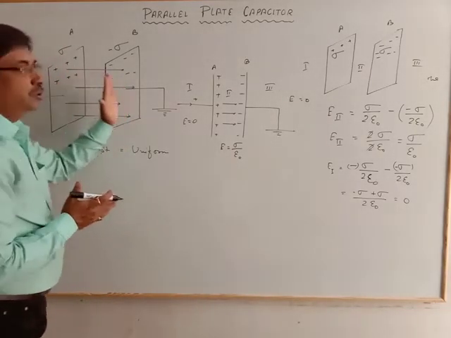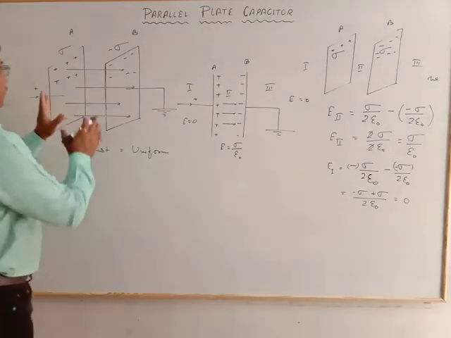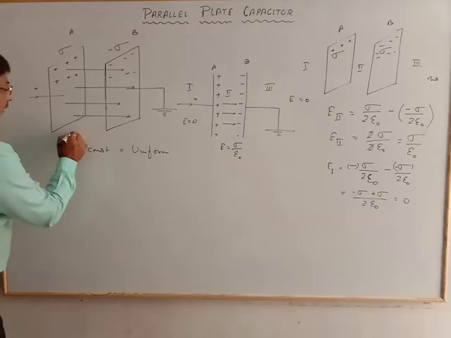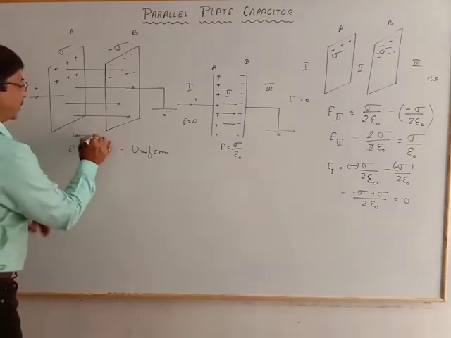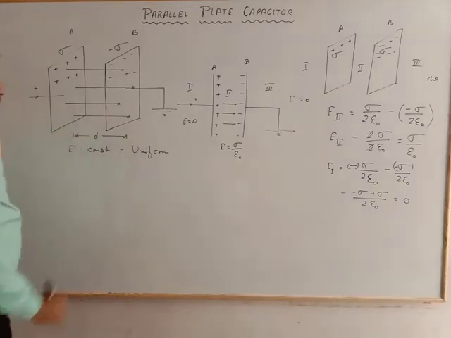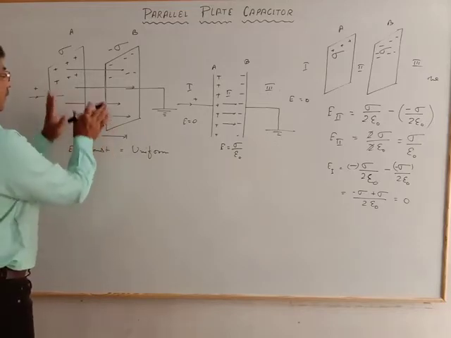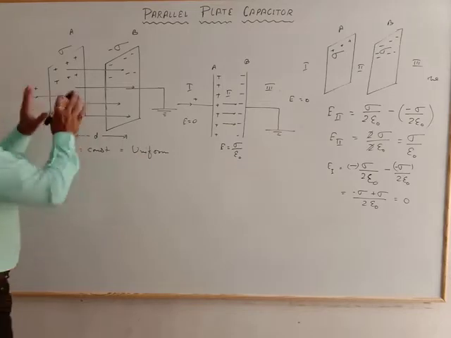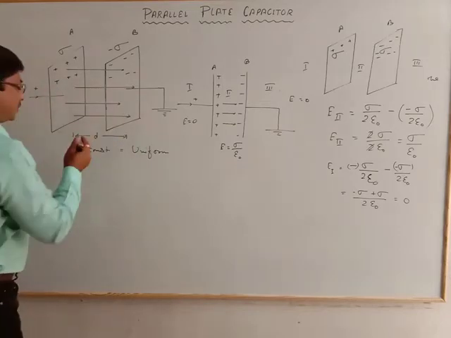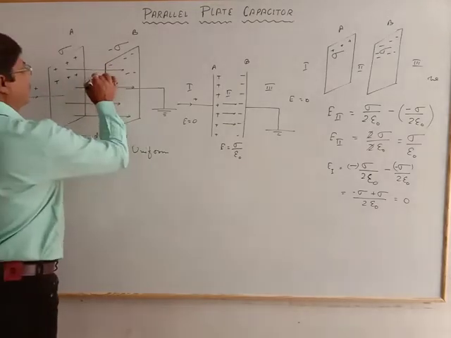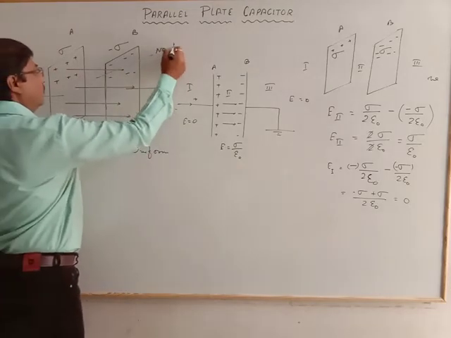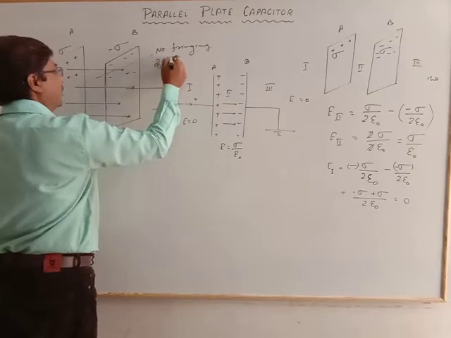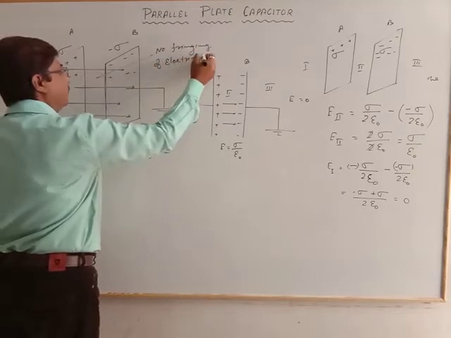Not only that, the value is constant, since the distance between the two plates is also constant, so the electric field is uniform, that means the value is constant. And the most important thing is there is no fringing of electric field lines.